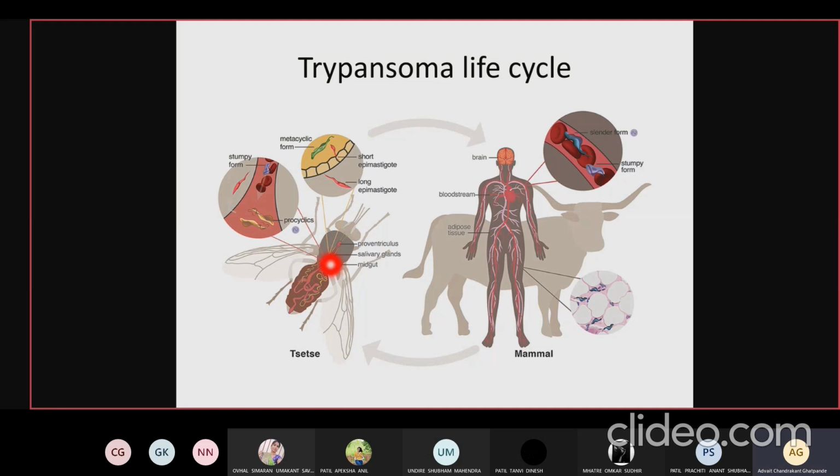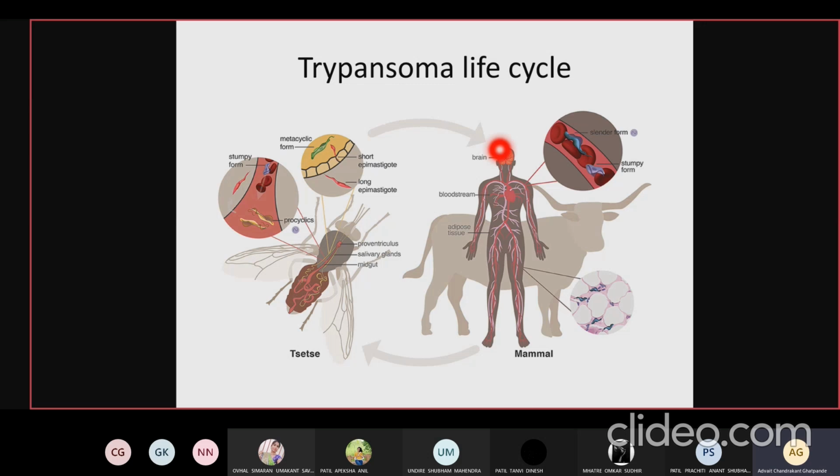They show infection in this tsetse fly, and finally the final forms come in the salivary gland of the tsetse fly. When the tsetse fly bites another healthy human or vertebrate host, she passes multiple forms of Trypanosoma gambiense with her bite.